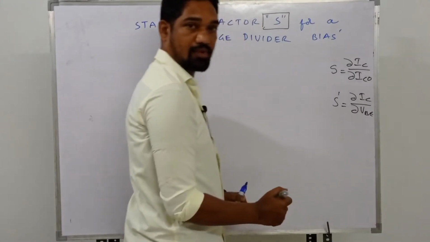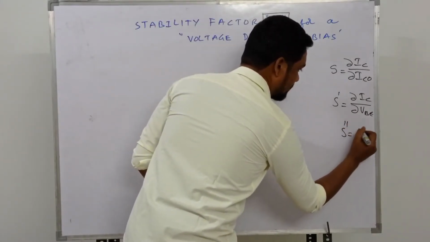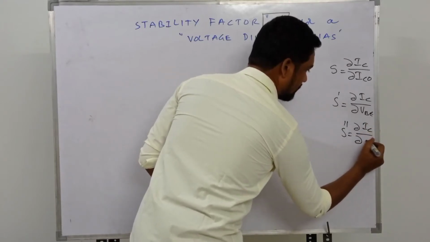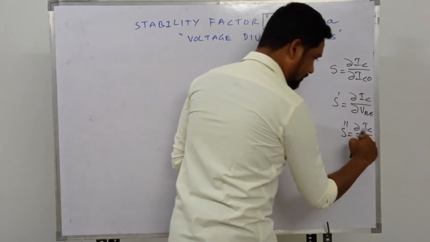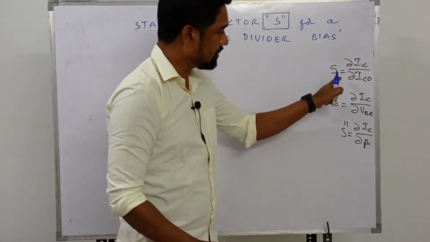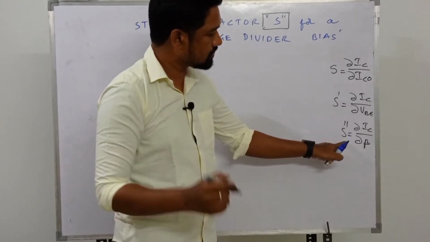And another stability factor comes into the picture, S double dash, which is equal to dou IC by dou beta, in the sense change in IC due to change in beta. We have these three stability factors to be discussed. More focus will be on this one.